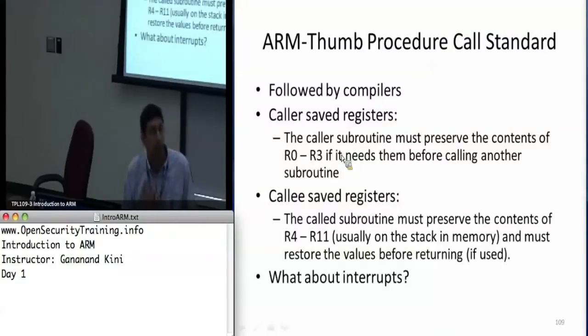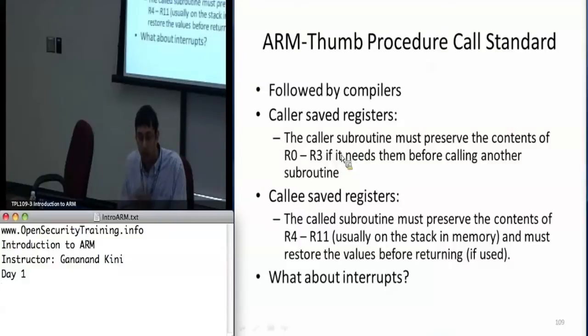If you remember, I mentioned that you pass arguments to methods using these registers, R0, R1, R2, R3. And so the caller has to save those registers if it wants them back. Because R0 for sure, if the called method has a return value, is going to be overwritten. So it needs to save R0 through R3 before calling the method.